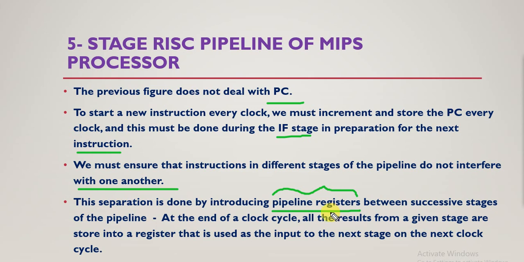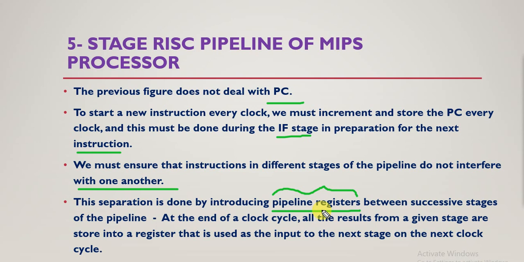You'll see the formation of pipeline registers in the next slide. So we are going to include one more hardware portion into the entire pipeline architecture, that is a set of pipeline registers.